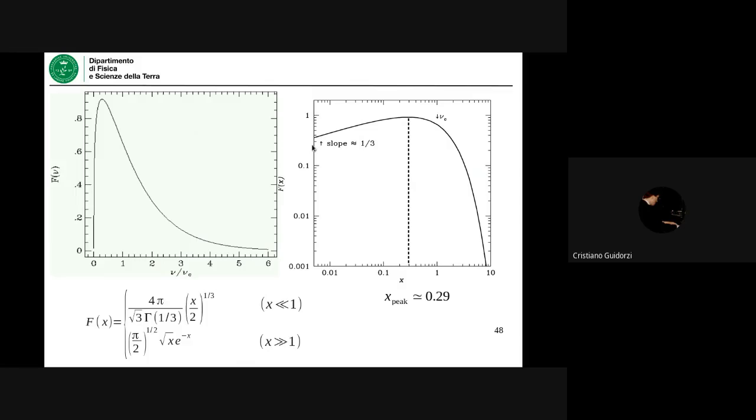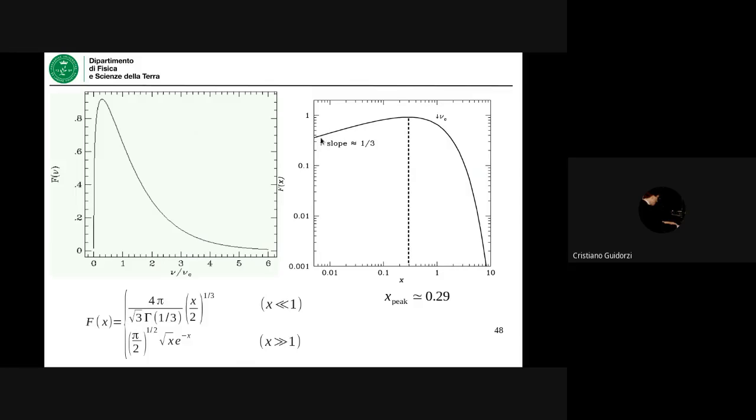If you look at the right plot, you see the very same plot in a log-log scale. Particularly when you are interested in comparing the energy emitted at different decades in frequency, you see that the decade which takes most of the energy is the decade of the critical frequency, so the decade where the argument is around 1. And in particular, you see here at very low frequency, this looks like a straight line.